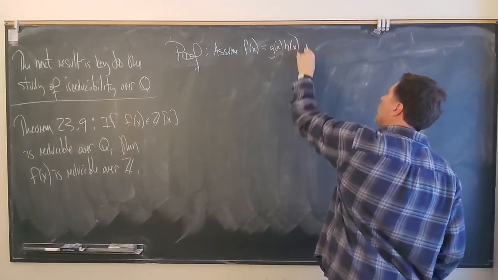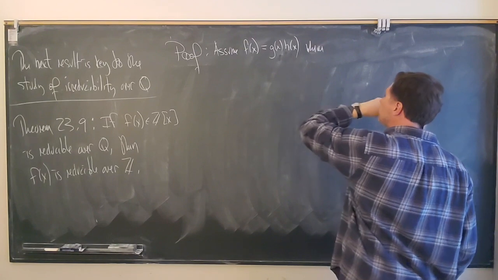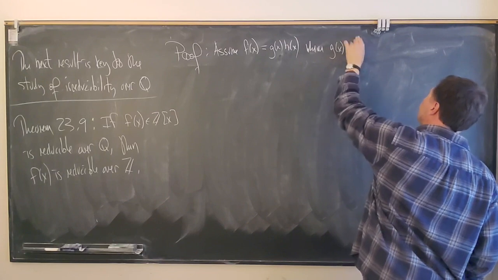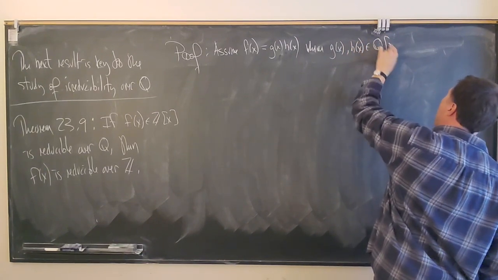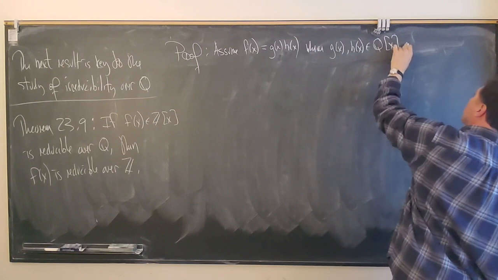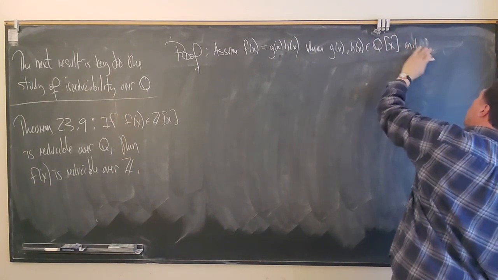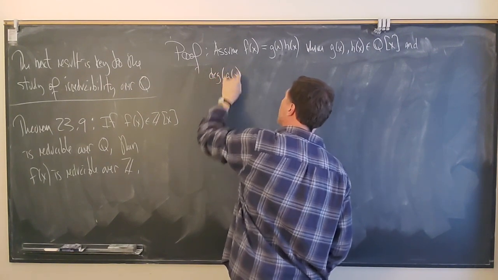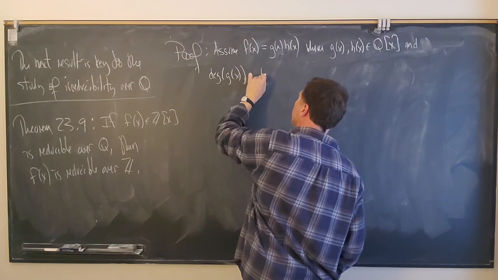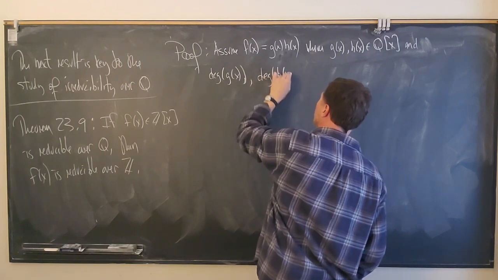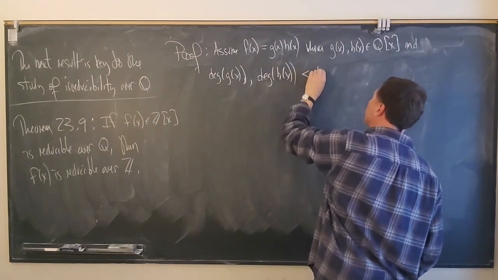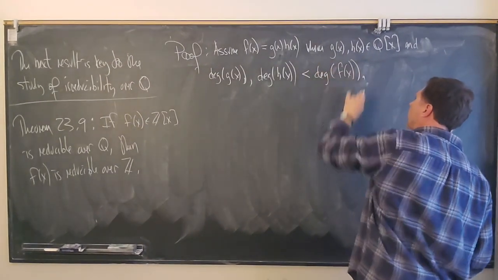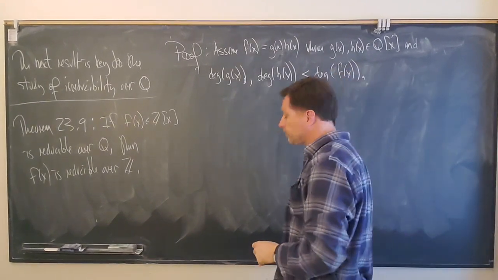So assume this, where g of x and h of x are in Q[x], and the degree of g of x and the degree of h of x are strictly less than the degree of f of x. So we have an honest factorization of our polynomial.